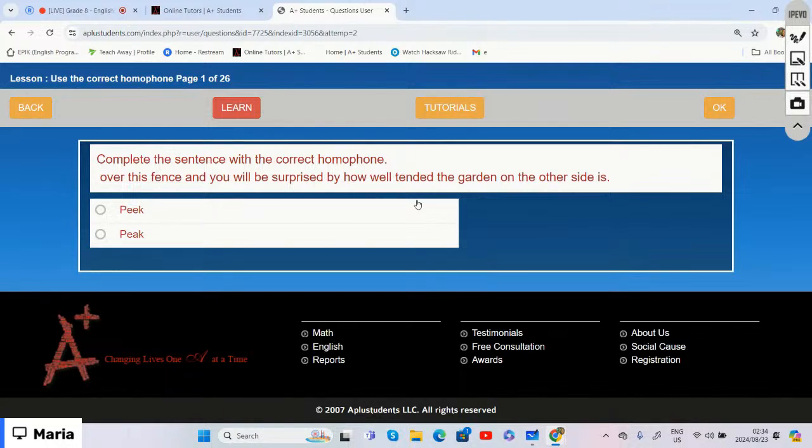All right. So if we were to choose the correct answer that is in line with the sentence, we need to peek over the fence and you will be surprised by how well tended the garden on the other side is.